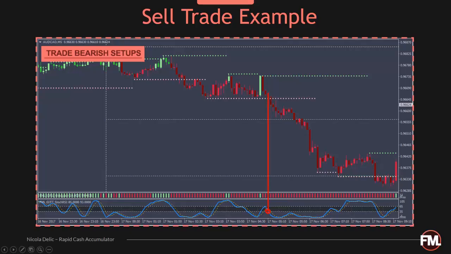Here we have the 35, right at 35, so it's fine. You can enter a trade. Again, this would be your stop loss, and double that entry to stop loss distance is going to be your take profit.